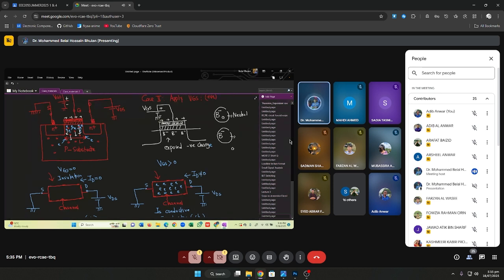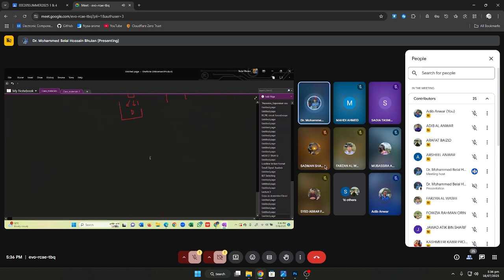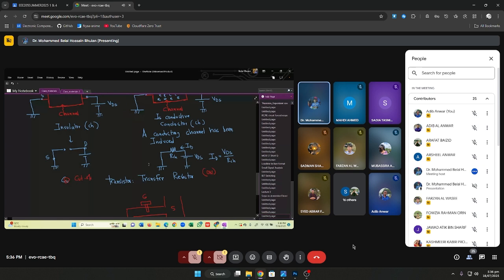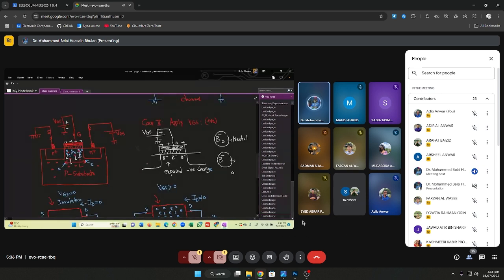But it doesn't mean that as soon as you apply any gate voltage greater than 0, it's going to start conducting. It's not like that. There should be a minimum voltage. When applied, sufficient numbers of electrons accumulate underneath the oxide layer. If I keep on increasing the voltage, you would say more electrons will be attracted.